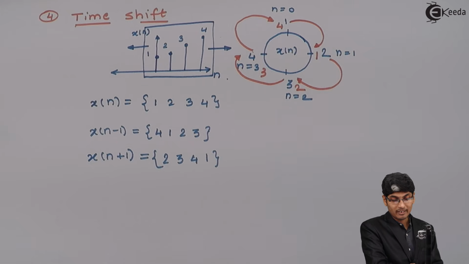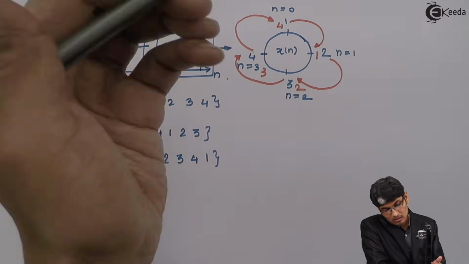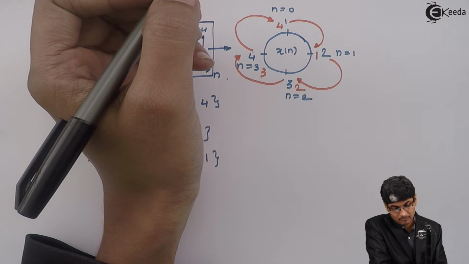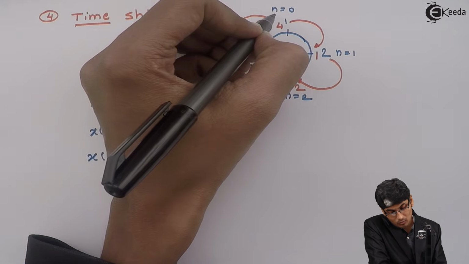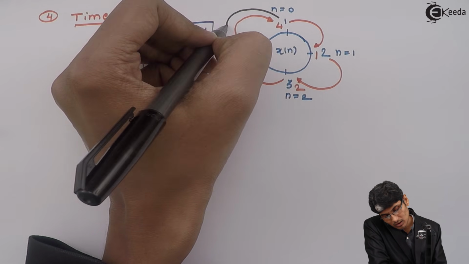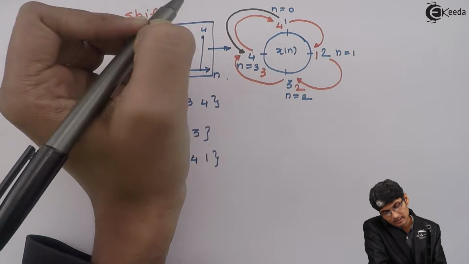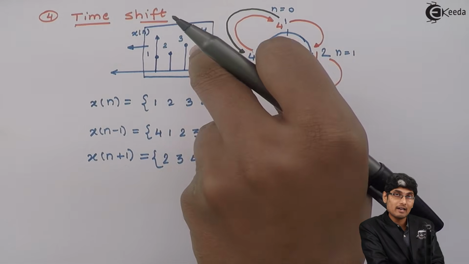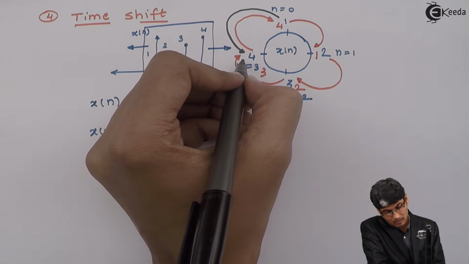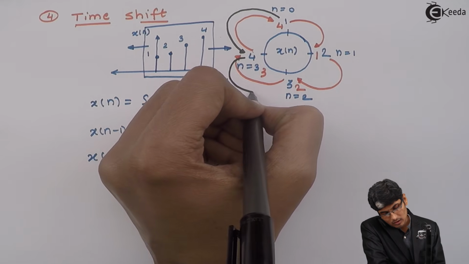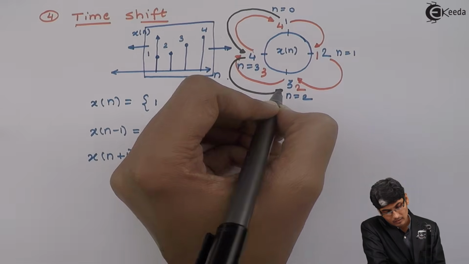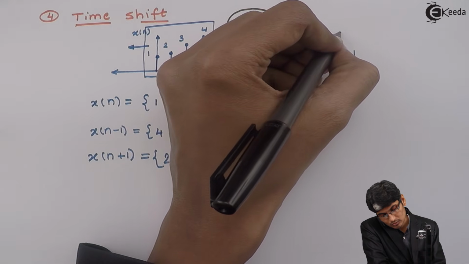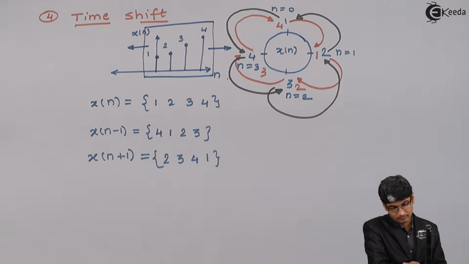Now when I advance the signal, let us say x of n is advanced by 1, not the red signal, but x of n. So this 1 will come on this side. That means I am rotating the complete circle once in the anti-clockwise direction. 4 will come on this side, 3 will go to 2, and 2 will come to 1.